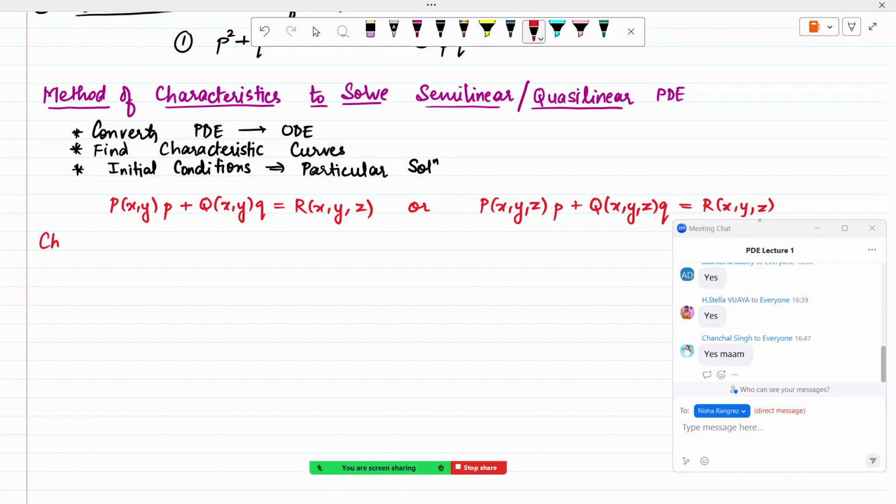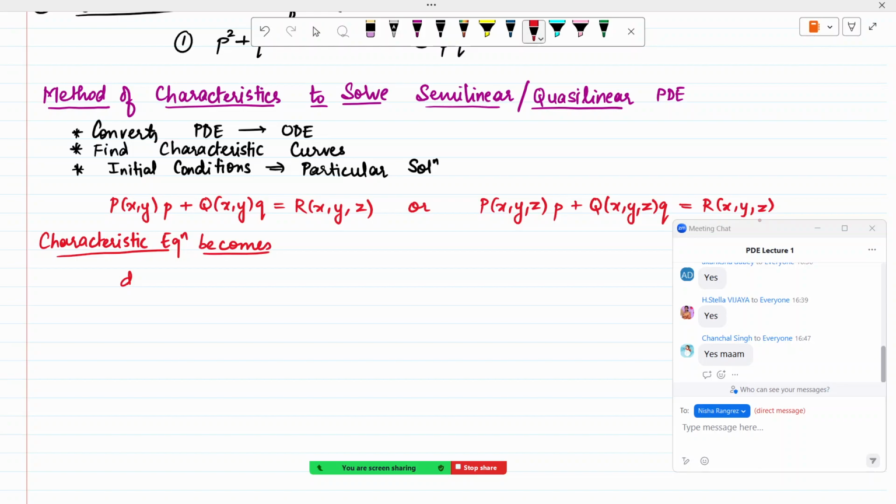Your characteristic equation becomes, now understand this is small d, which is a total derivative symbol and not the symbol of partial derivative.